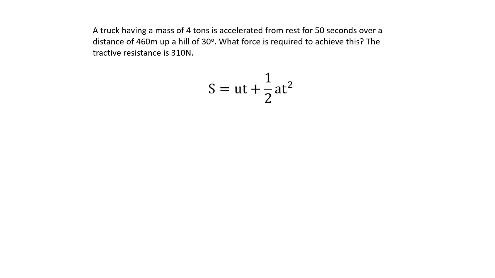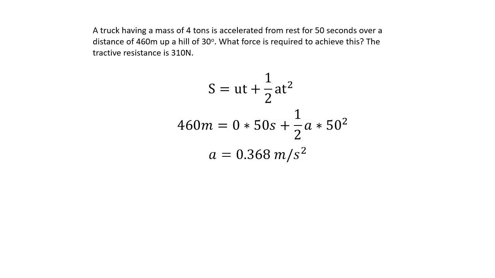First, we need to find the truck's acceleration. We're going to use this formula from the linear motion topic. And when we fill in the formula, we get the acceleration of 0.368 meters per second squared. So it's just slowly going up the hill.